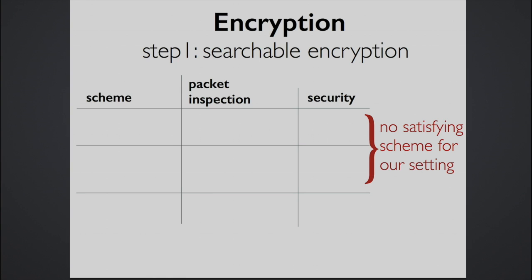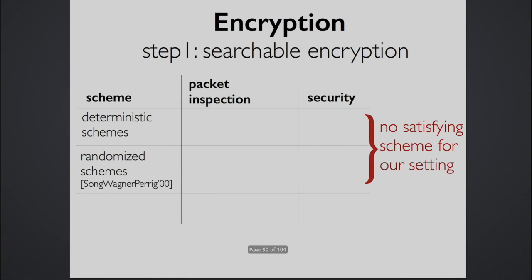Some schemes are deterministic, which have weaker security due to frequency analysis, but they are very fast because you can build indexes at the middle box and locate and find attacks very fast. And randomized schemes have high security, they don't permit frequency analysis, but they're very slow because you can no longer build indexes.